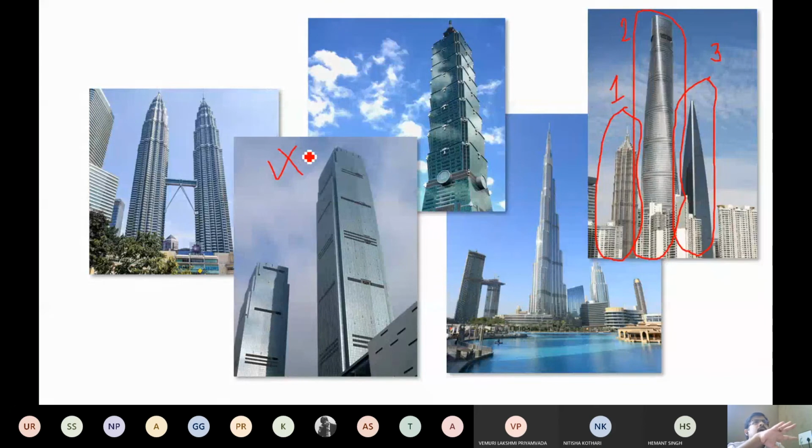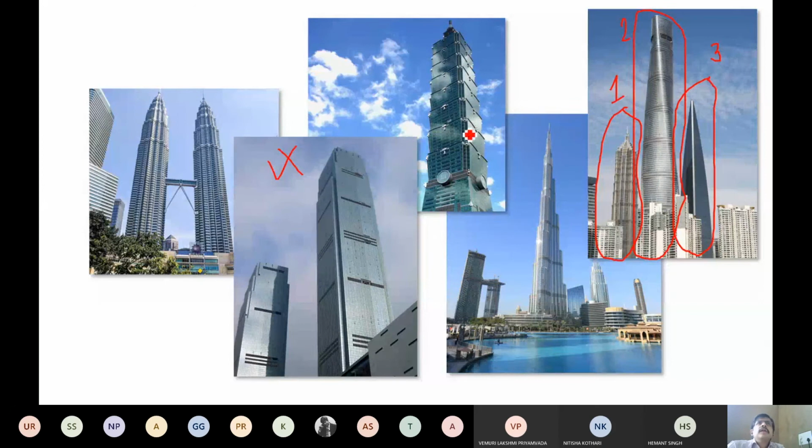The rest have a certain definition of the local areas. The first one is the Petronas Tower. This structure comes from Malaysian architecture.